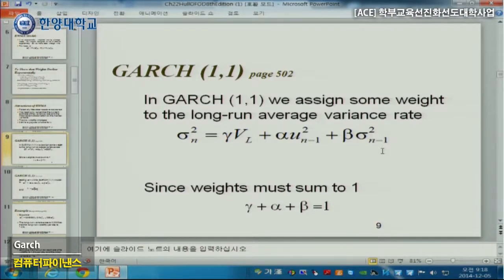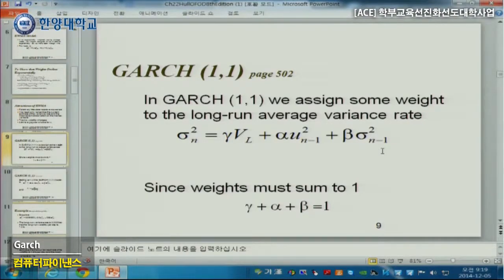First, we give weight to, for example, the sample long-run volatility, which is not time varying, and we give another weight to the shock of yesterday. u is a return basically, the square of the return yesterday.